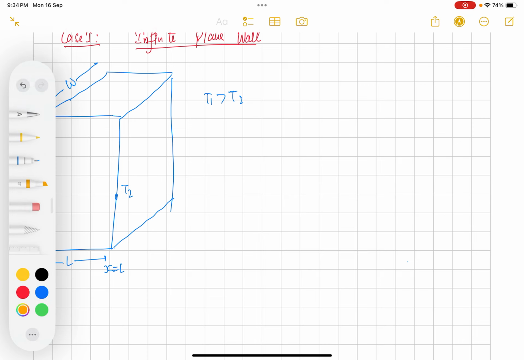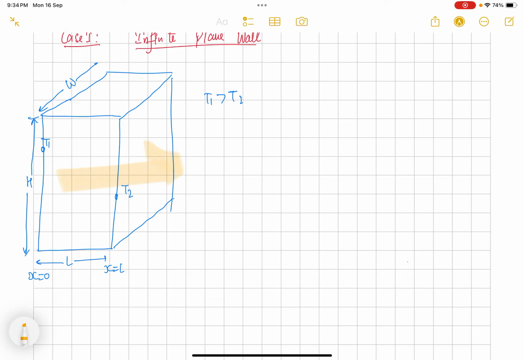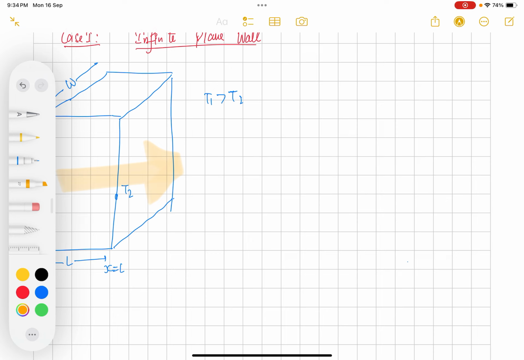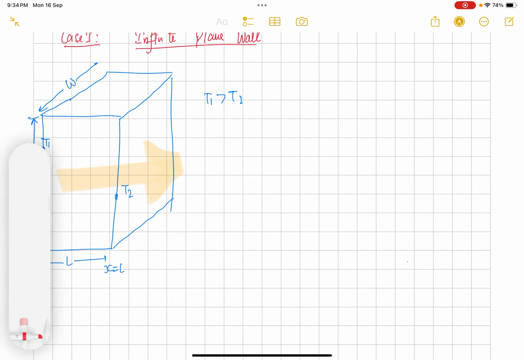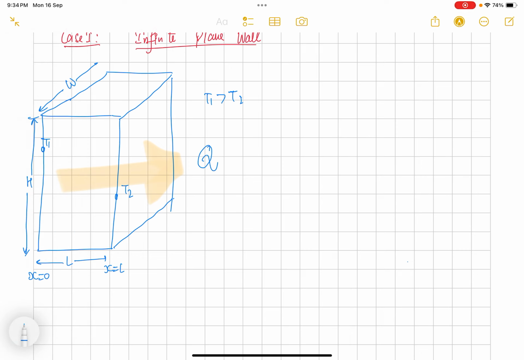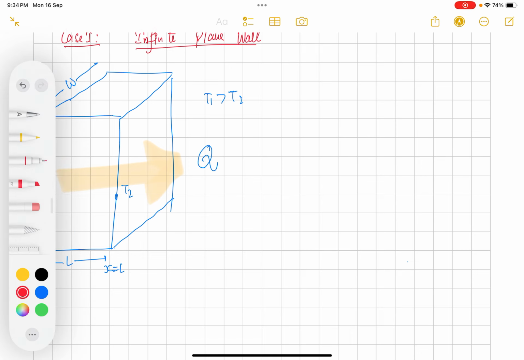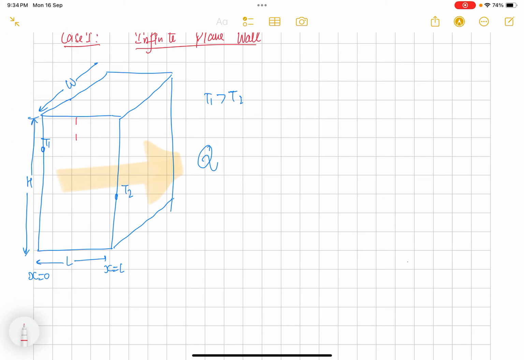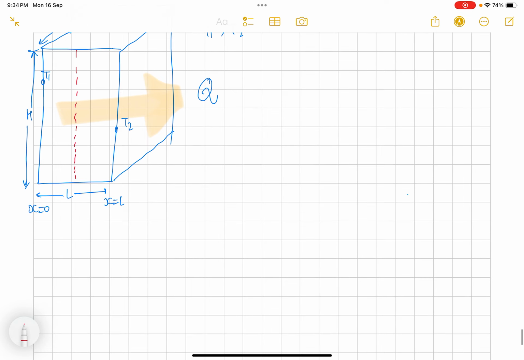Because of that, heat will flow in this direction from high temperature to low temperature, and our objective is to find the temperature at any location x from this surface.